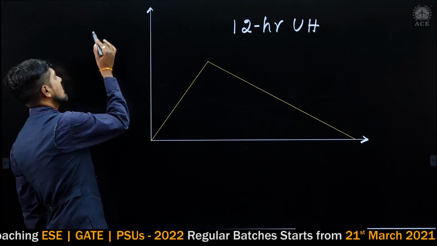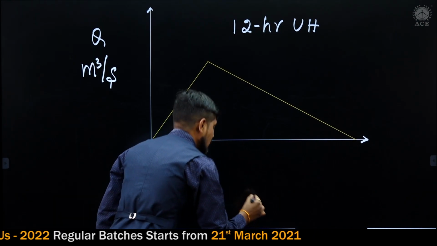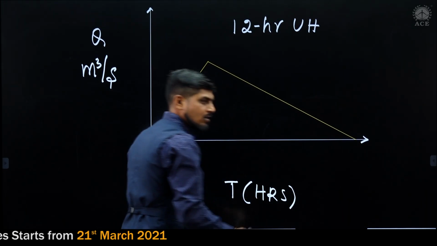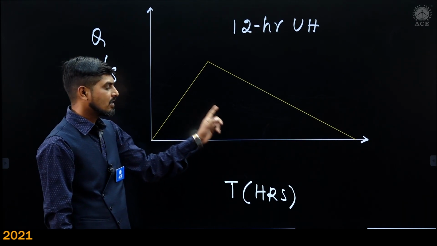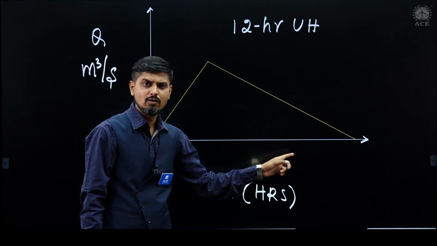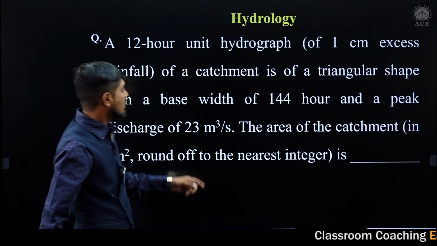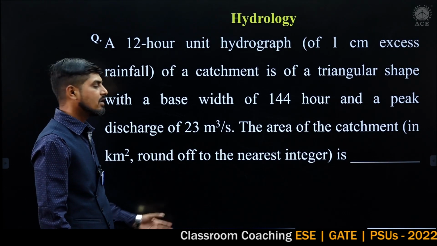The y-axis is discharge in meter cube per second, the x-axis is time in hours. So he is saying that the 12-hour unit hydrograph is in the form of a triangle with a base width given as 144 hours. So base width is 144 hours and the peak discharge is 23 meter cube per second.